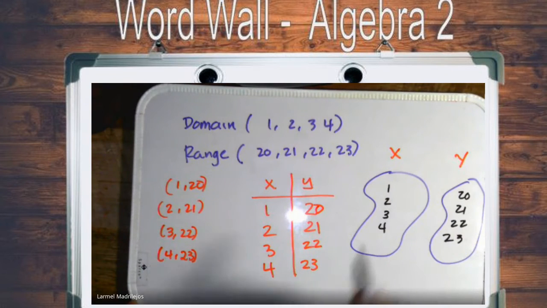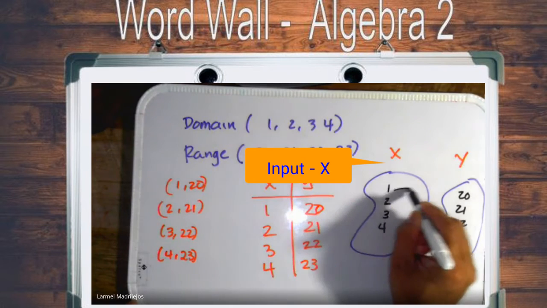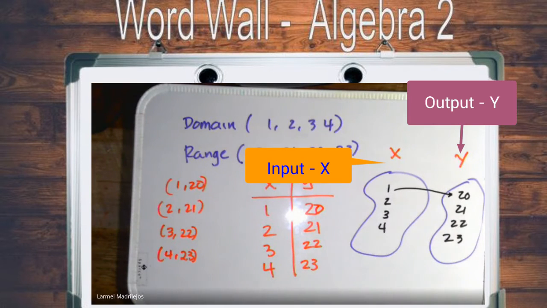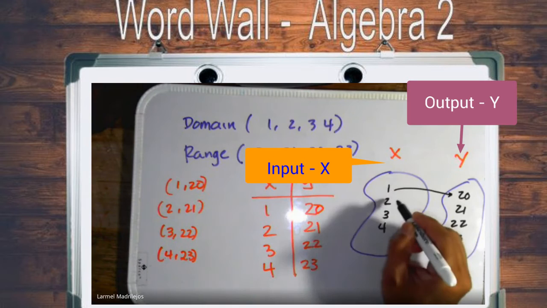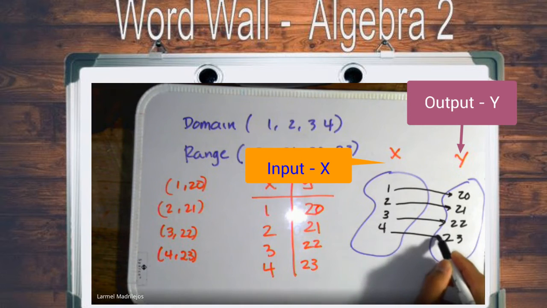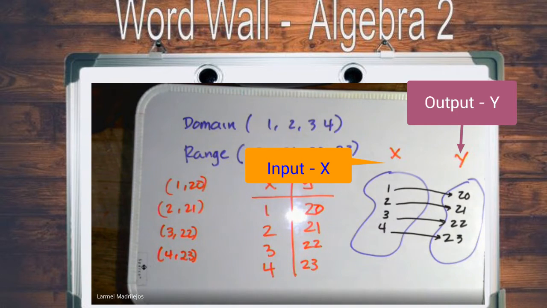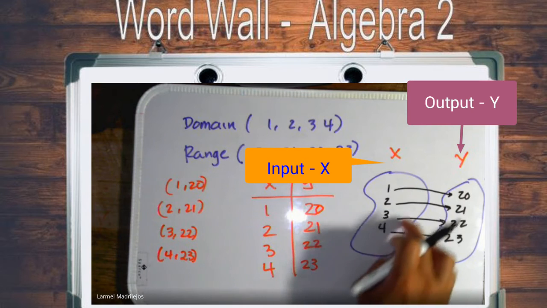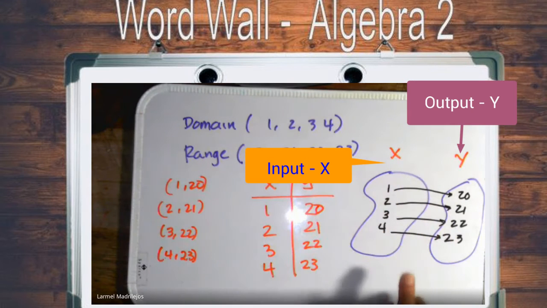So it means the input 1 is associated with the output 20, 2 is associated with 21, 3 is associated with 22, and 4 is associated with 23. Again, the inputs are the values of x and the outputs are the values of y.